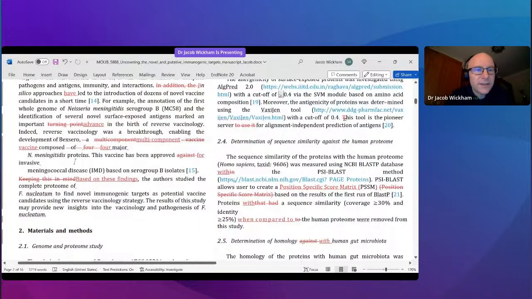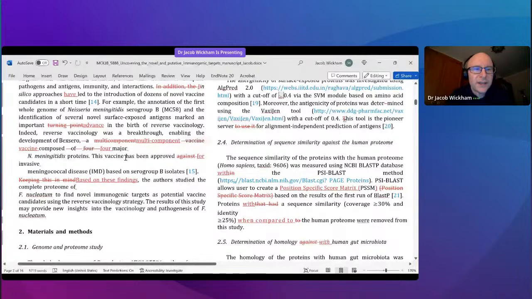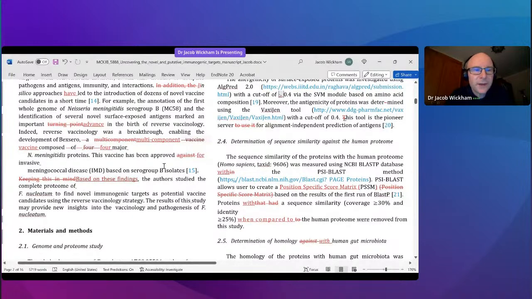Towards the end of the introduction, it's very important to state the hypothesis that you investigated and the overall goals of your study. Here, the authors state that they used the complete proteome of this bacteria to find novel immunogenic targets as potential vaccine candidates.